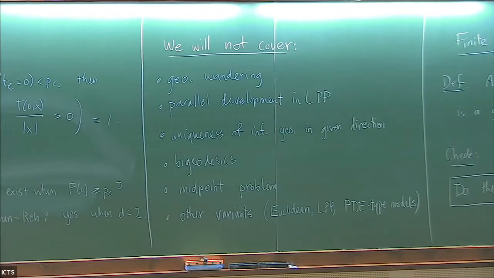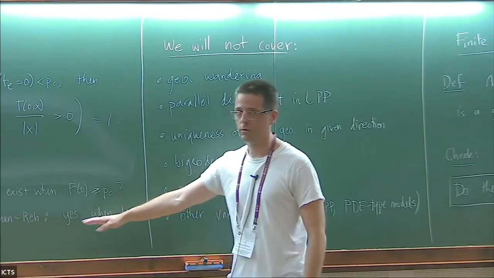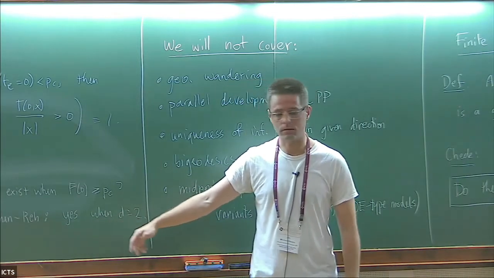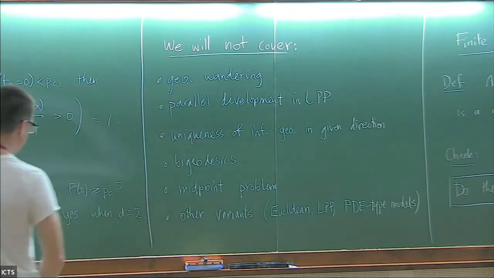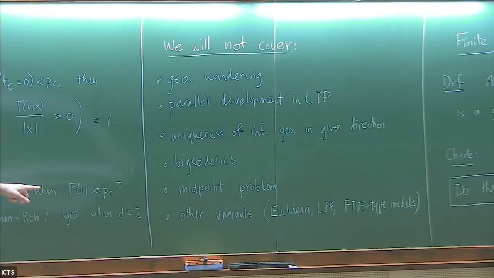The question was, is rho 0 equal to infinity equivalent to existence of geodesics? And it's not true, because if you look in this case, let's say the Riemann and Re result states that in particular, if F0 is bigger than PC strictly, then you have geodesics.